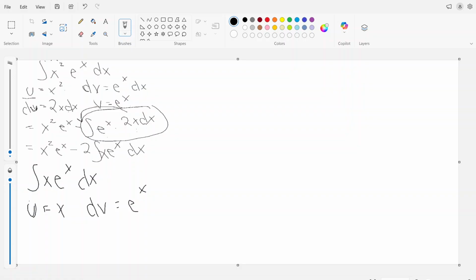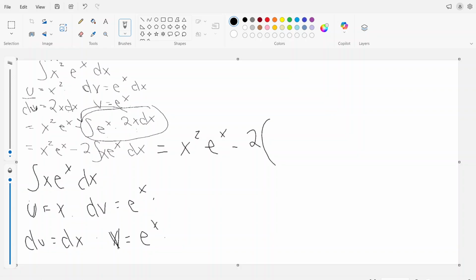Now we can get our du, which is just dx, and our v, which is e to the x. And then we can apply it back, knowing that now we have the 4 components yet again. So then this can become x squared e to the x minus 2 times uv minus v du again.